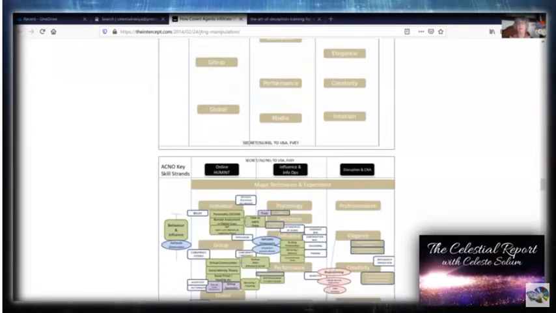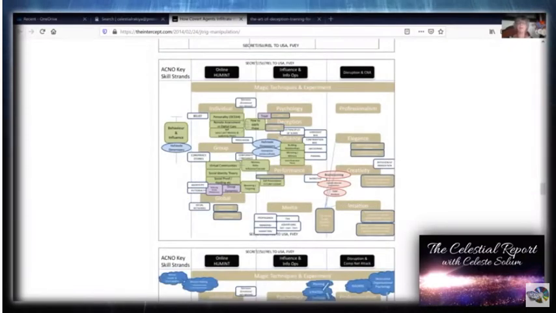And I found this, the skills strand, very interesting. And it's talking about using magic techniques and experiments. And down here is like propaganda and branding and marketing. And so see how intricate this is and how layered and deep it is.